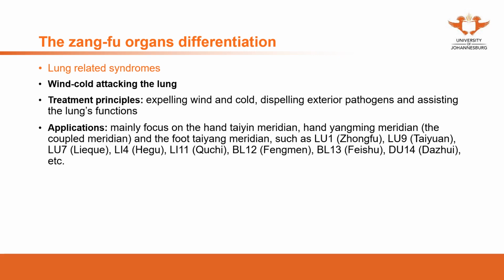The lung is in charge of the qi, governs the qi, governs the breathing. The orifice of the lung is the nose. The lung system also links with the air pipes, the throat. The lung links to the superficial skin. The lung is also in charge of the water metabolism.